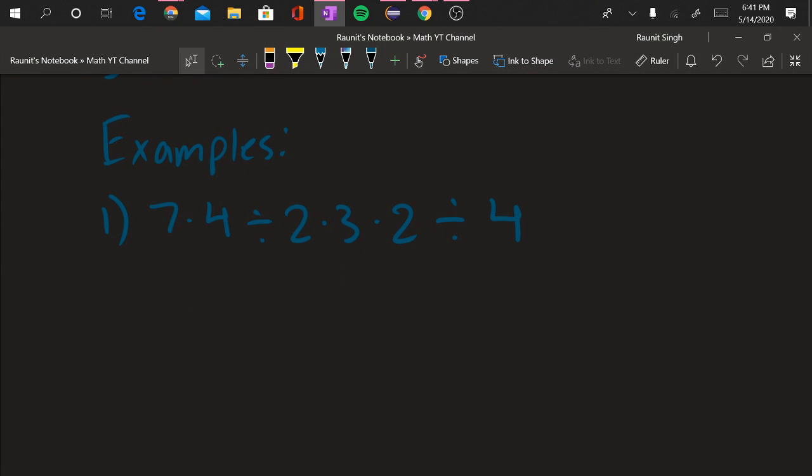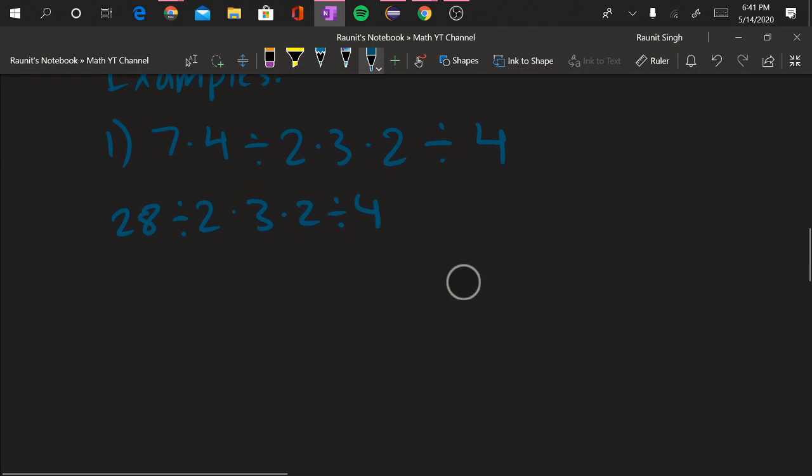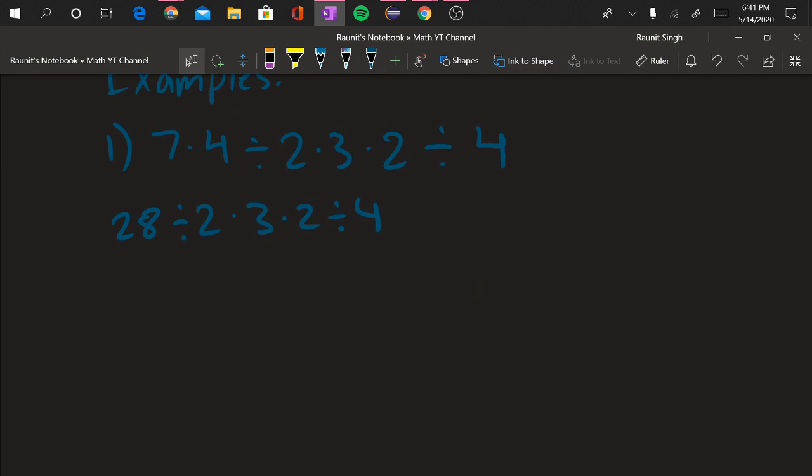Let's start off with example number 1. We have 7 times 4 divided by 2 times 3 times 2 divided by 4. We're going to start off with multiplication, which is in PEMDAS. So 7 times 4, which is 28, divided by 2, times 3 times 2 divided by 4. Now, here is where it kind of gets confusing.